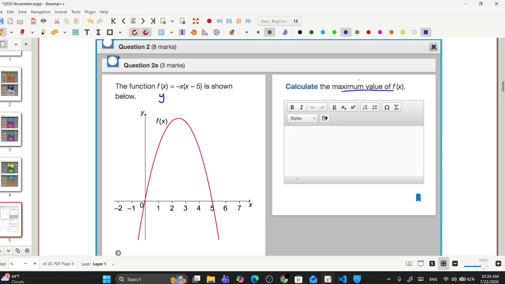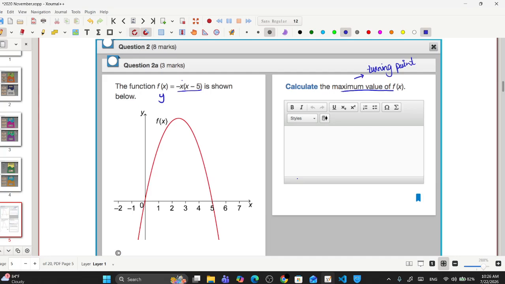The maximum value or the minimum value is not directly the same thing, but it can also be called the turning point. Do you remember our algebra class for turning point? Okay. This is the equation of the function that is being given. So let me expand this bracket.